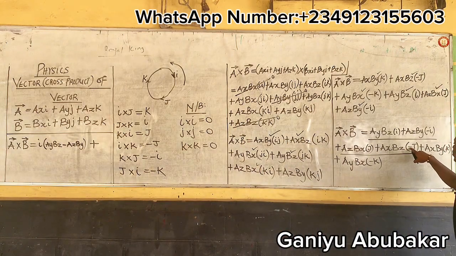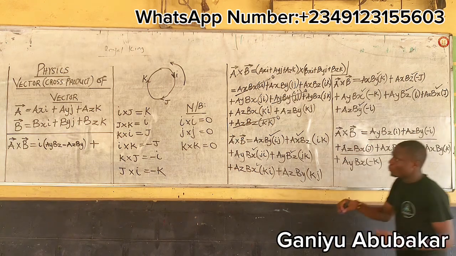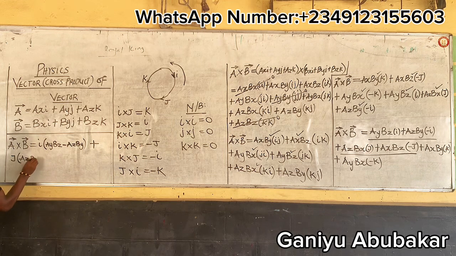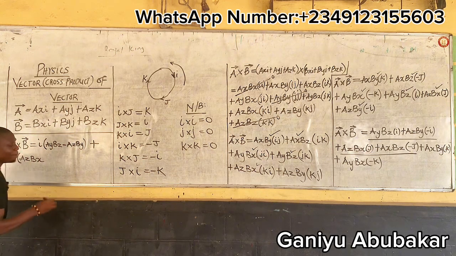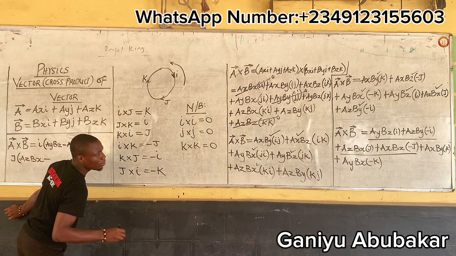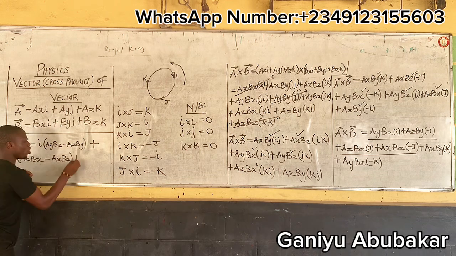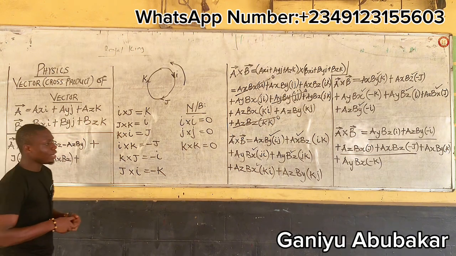Minus times plus is minus. And I know that J is common in between, so bring out J first, outside, into what? That's AZ BX, minus AX BZ.